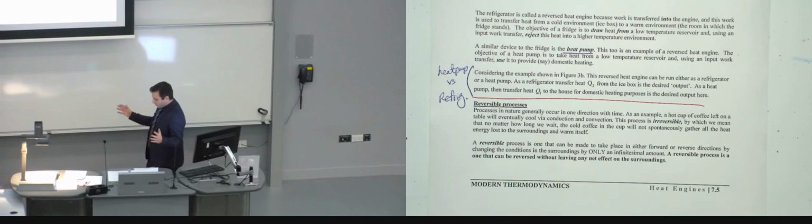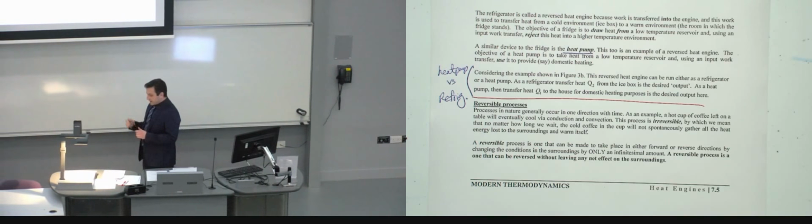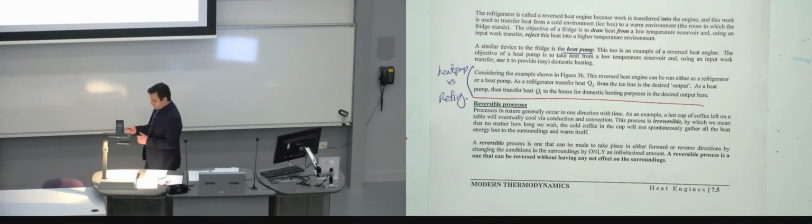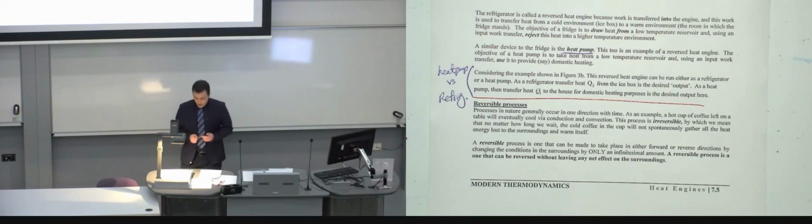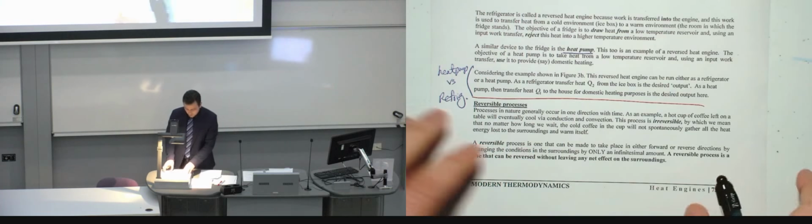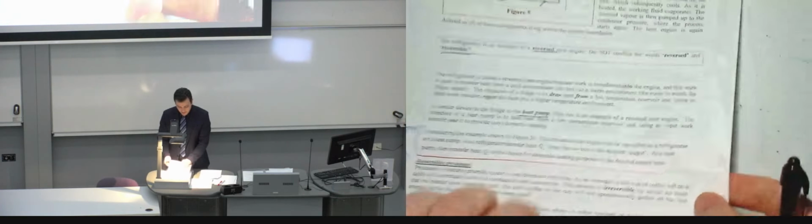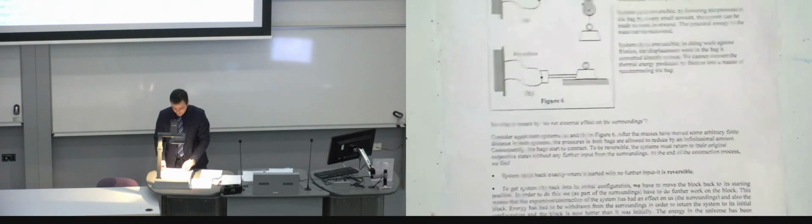Therefore, it takes a very long time. And if that is the scenario, then you're going to have a reversible cycle. I think the best way to demonstrate what a reversible and irreversible process really is, let's just look at the figure on page 7.6.